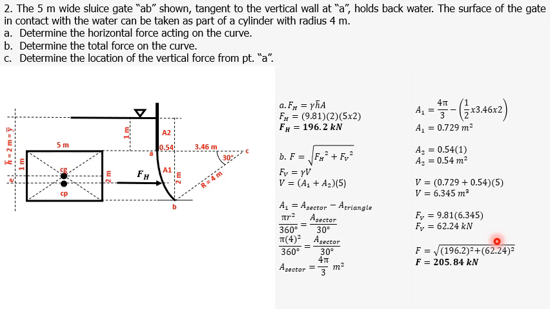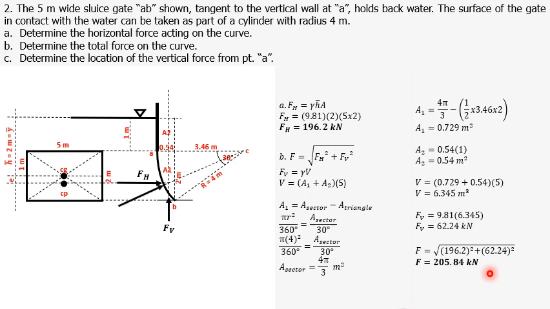And finally, we can solve for the total force F by simply substituting the values of FH and FV. So F is equal to 205.84 kilonewtons. If we illustrate FV and F in the figure, this will be FV and this will be F.